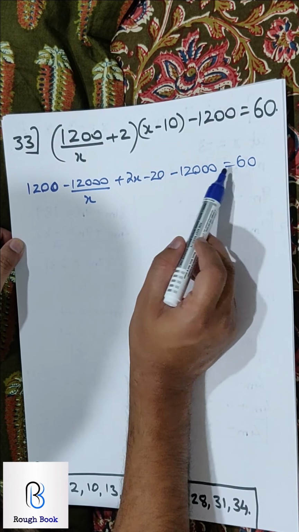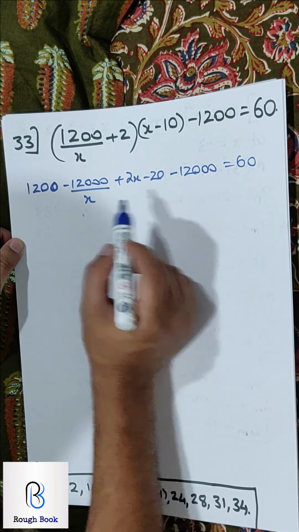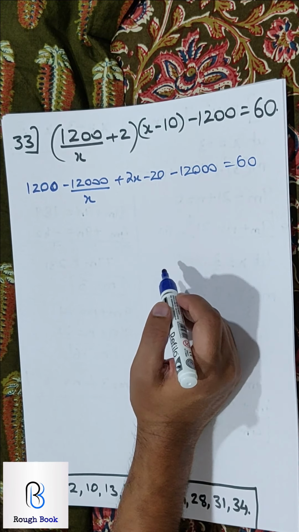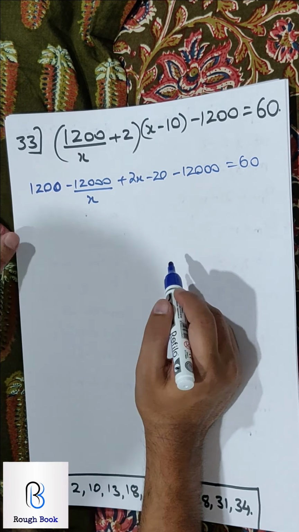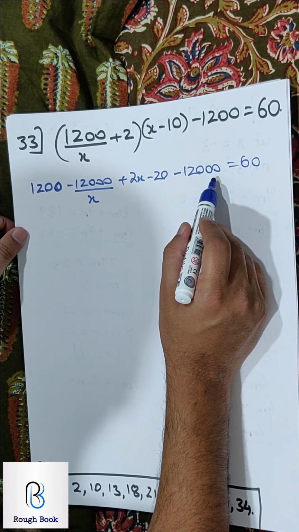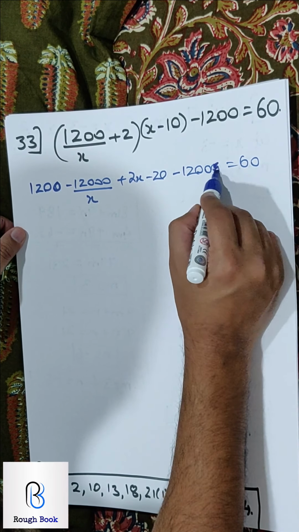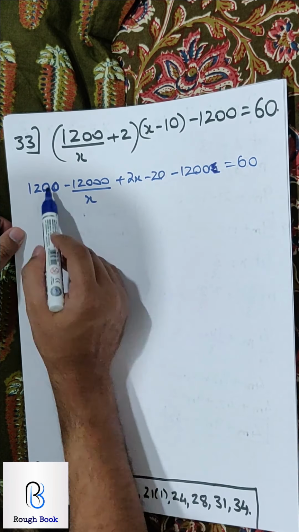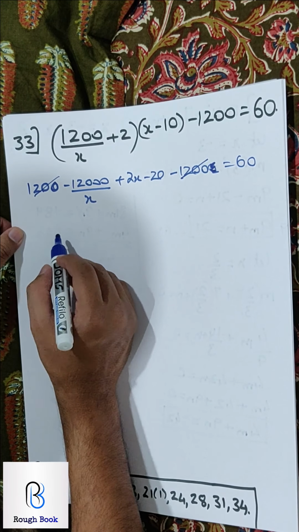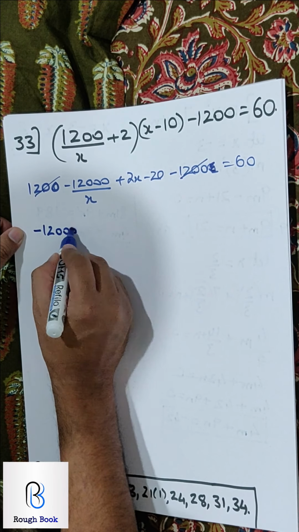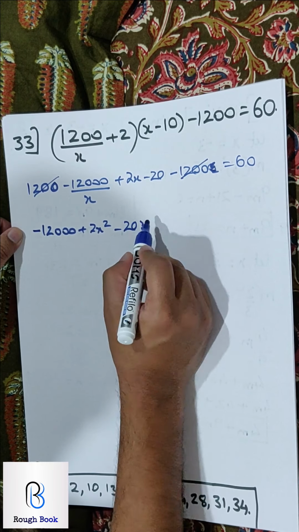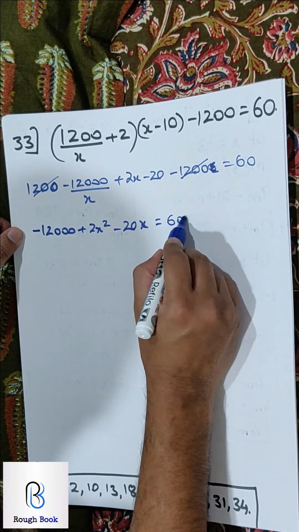Taking the LCM. Why did I make this 12,000? This is 1200, right? Minus 20 minus 1200. Now 1200 minus 1200 can get cancelled, and the rest I'm going to take the LCM. So I'll get minus 12,000 plus 2x square minus 20x equals to 60x.